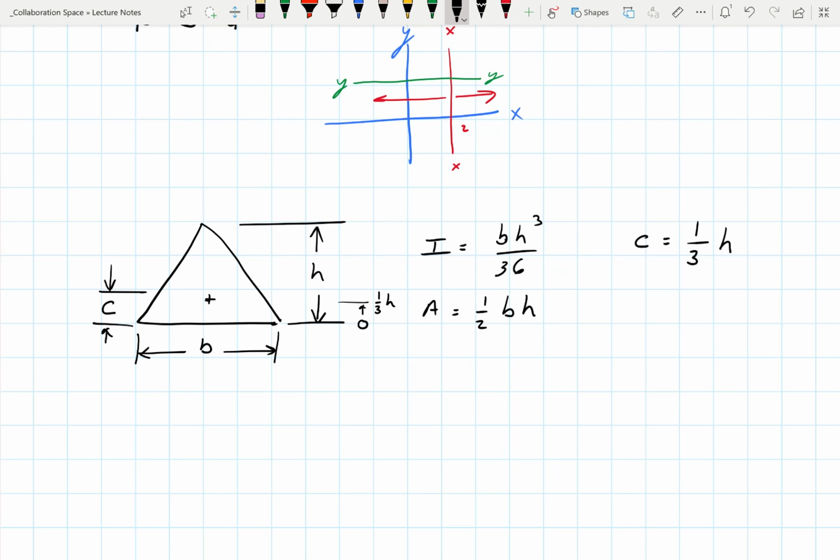I'm going to take you into some places where knowing where those things exist for a triangle is really important. If they're 1/3 from the base up, starting at the baseline, it shouldn't be too much of a problem there.